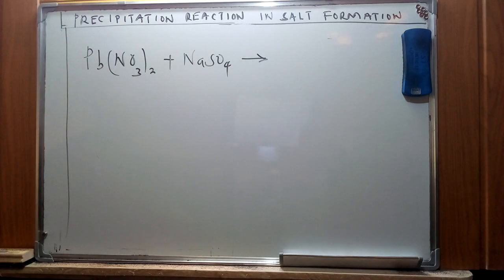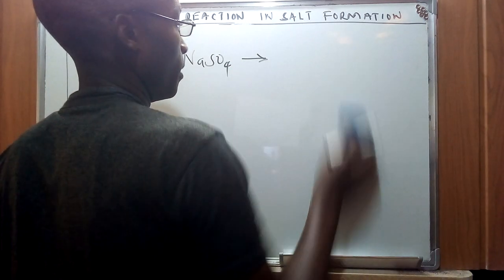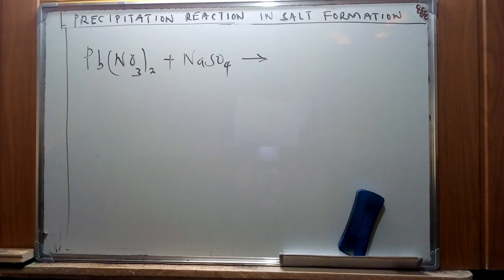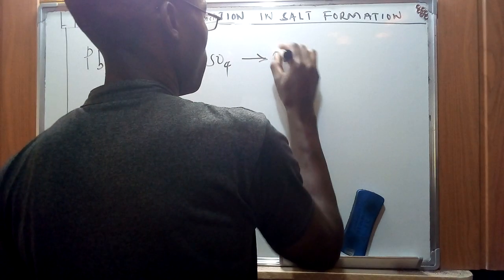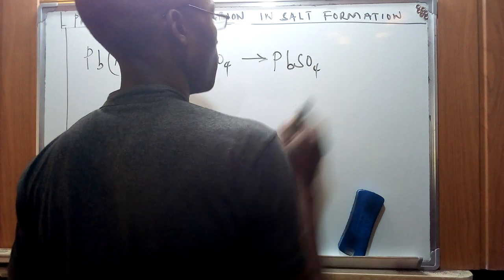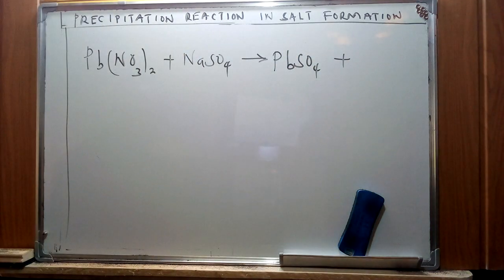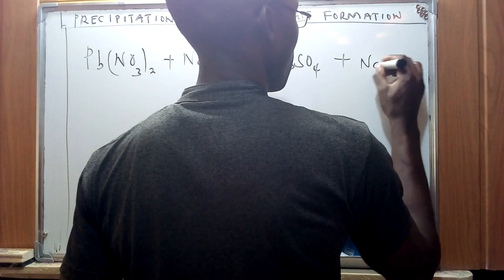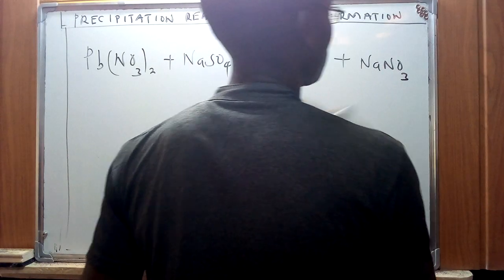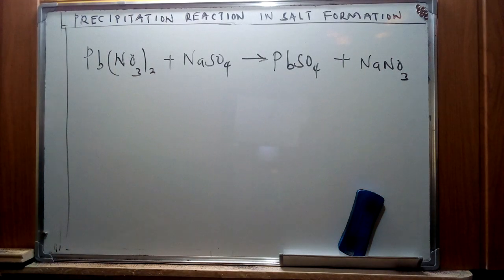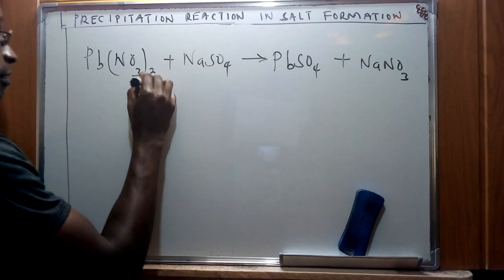And this is going to result in the formation of lead sulfate. Basically, we're going to see that there are radicals which are going to be exchanged. Therefore, we're going to have lead sulfate plus sodium nitrate.